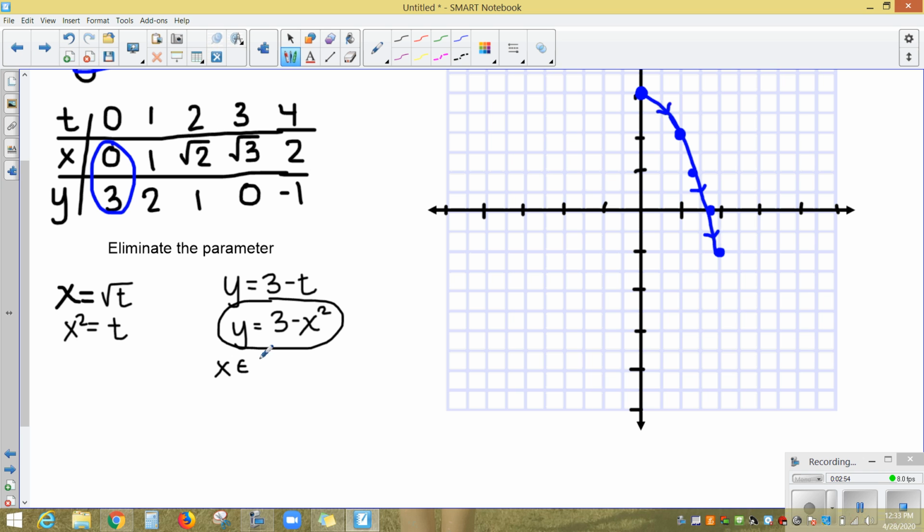So we need to restrict the domain, and from our table we've already found this. We said x's are only going between 0 and 2. That's the only piece of the graph that we want.